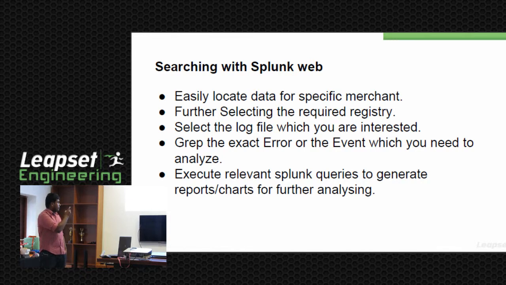By using these steps, your search query will not be executed across all of the merchants. For now, we are suggesting these steps when you want to get some errors or warnings. And also, once you have a qualified query, Splunk can generate reports and charts, as Gihan mentioned.